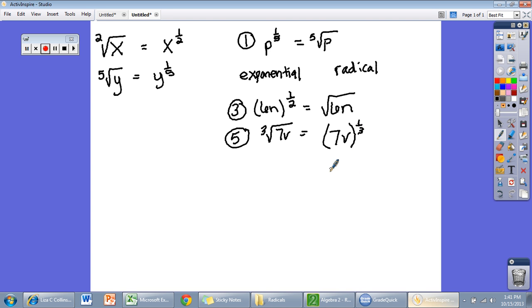That 1/3 has to apply to both the 7 and the v. And in problem number 7, we're doing the 6th root of b. So that is the same thing as b to the 1/6 power. So that's the difference between writing things in exponential form and radical form.